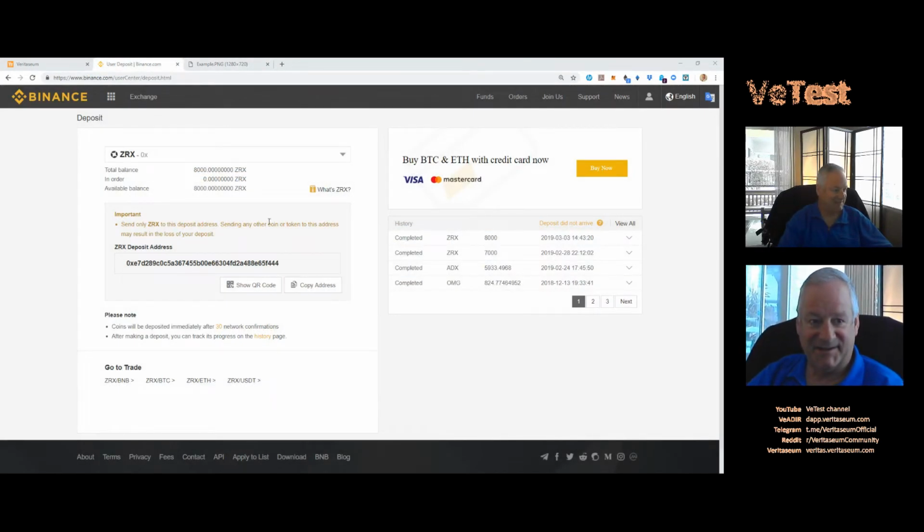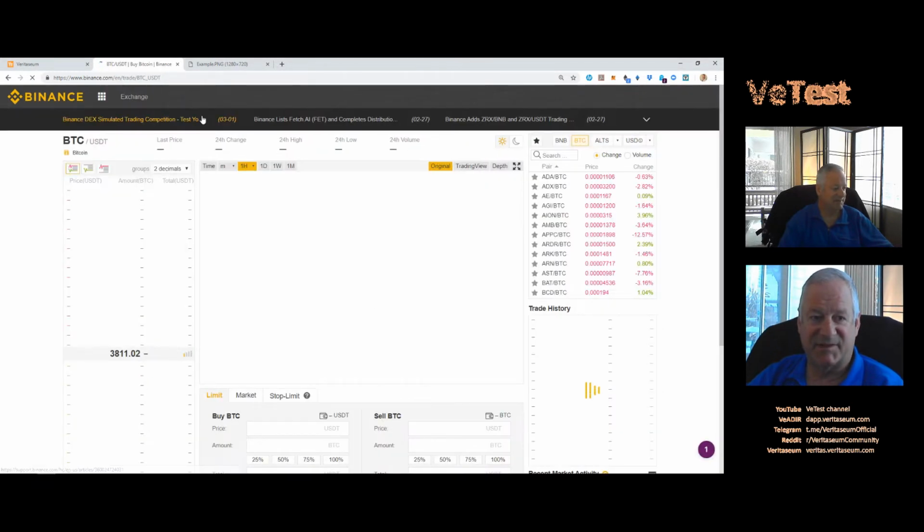Okay, now we see on Binance, deposit has arrived, 8,000 coins. Let's go sell them. Let's get some Ethereum.